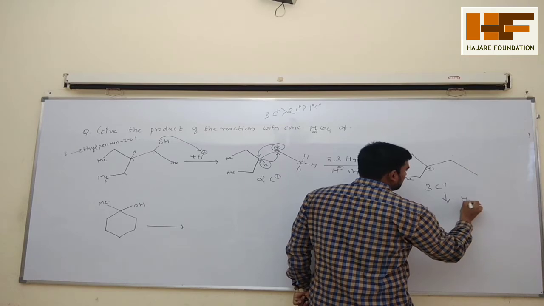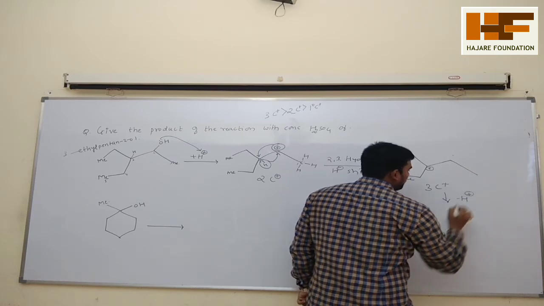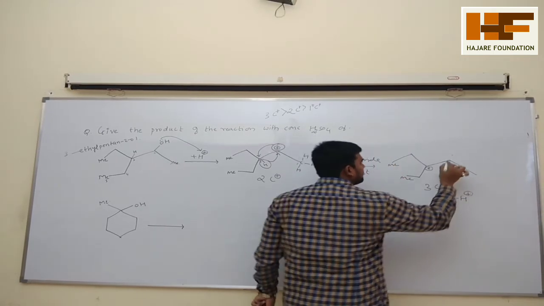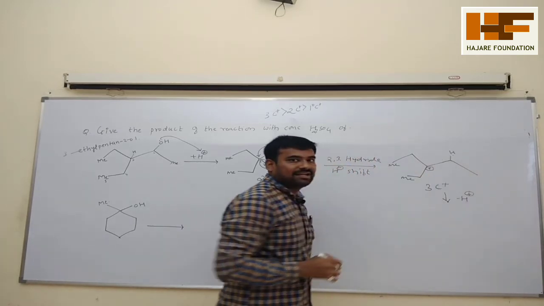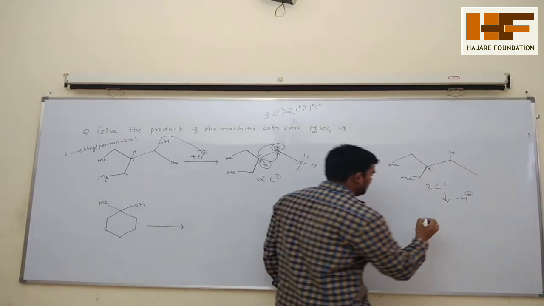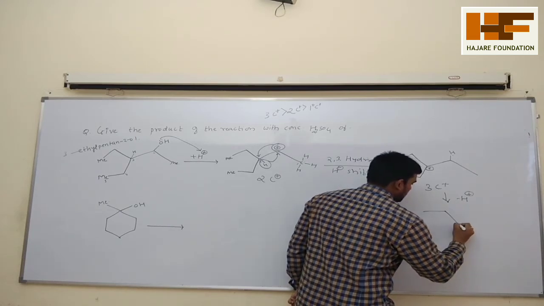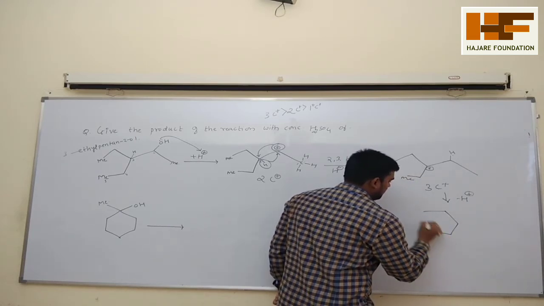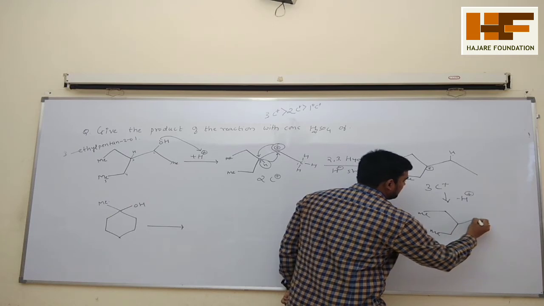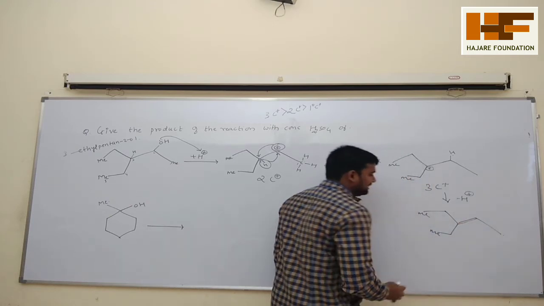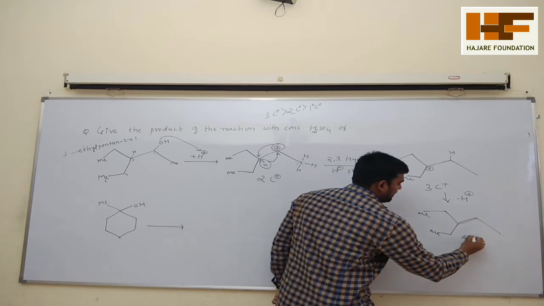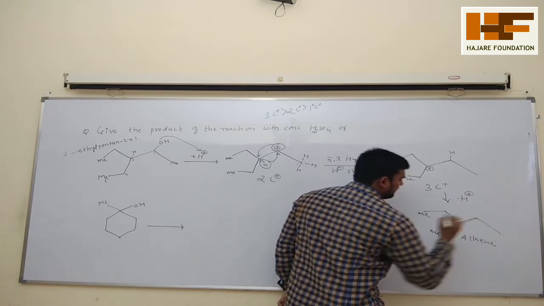Now if you remove minus H, here is one H, you remove this hydrogen and you will get the structure: methyl, here is a double bond, and this. You will get an alkene.